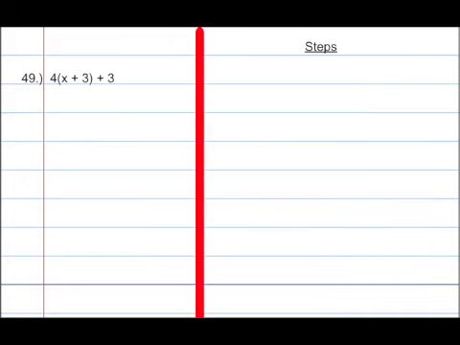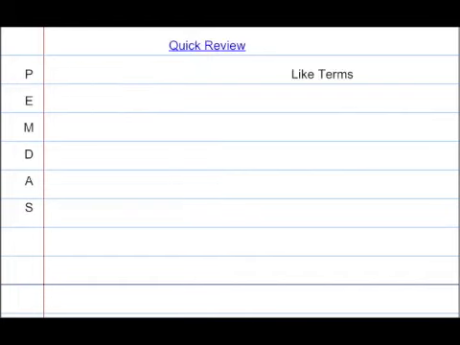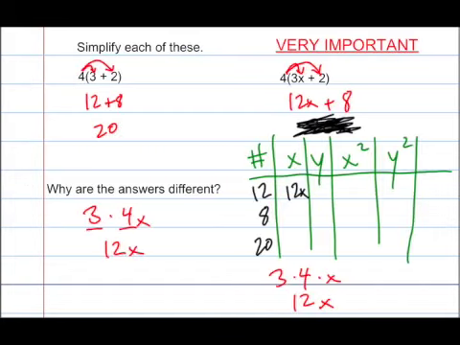So we did the review. Okay, steps. There's a lot of things here: parentheses, multiplication, and addition. So if there are a lot of operations, we want to use PEMDAS. P is for parentheses. So here's my parentheses. Is there anything to simplify in there? Let's do our like term column.